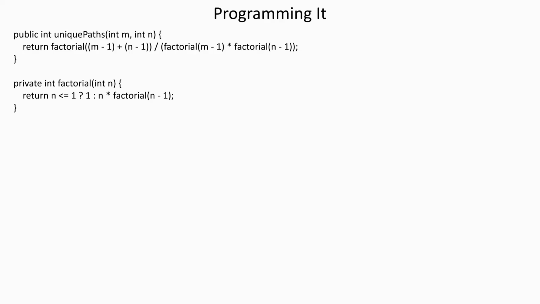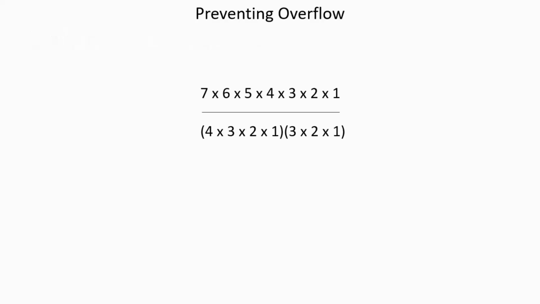However, if you run this with numbers even as small as 10 by 10, you will get an answer of 0. Why does that happen? Because the factorial gets really large. So you get integer overflow, and in Java it wraps around, so you'll get some strange answers.